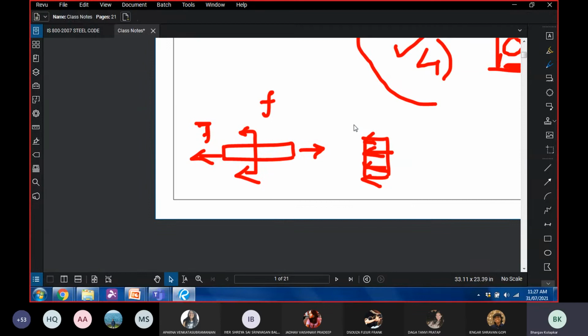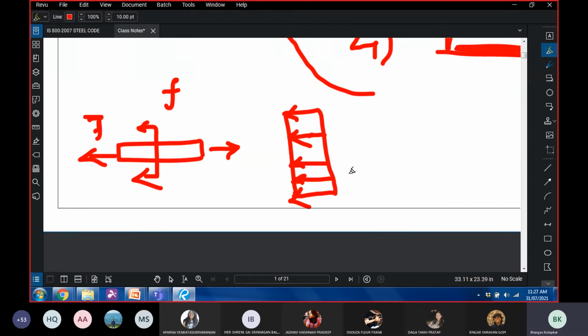I think I should draw this again. So this is the cross section that I'm drawing. The stress that this cross section will experience is a uniform stress, meaning that there is the same stress in the entire cross section. Okay, and what is the value of this stress?